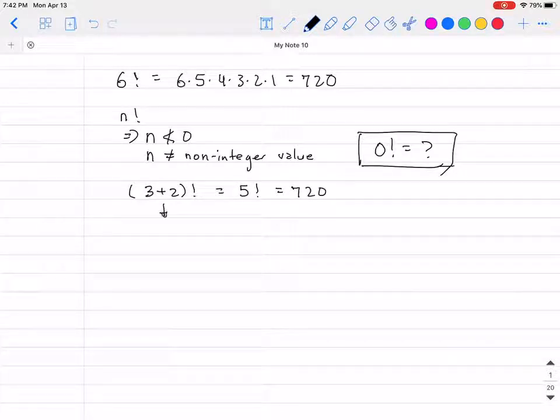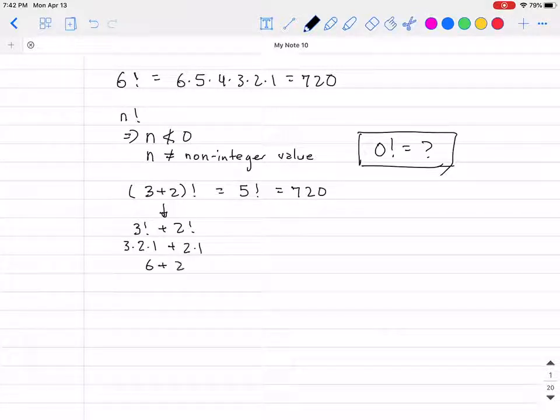A common mistake that I see a lot of people make is that they'll say, oh, this is a parenthesis, so I can use the distributive property, and write it as 3 factorial plus 2 factorial, because the factorial looks like a variable. Unfortunately, this leads to the wrong answer, because 3 factorial is 3 times 2 times 1, plus 2 factorial, which is 2 times 1.